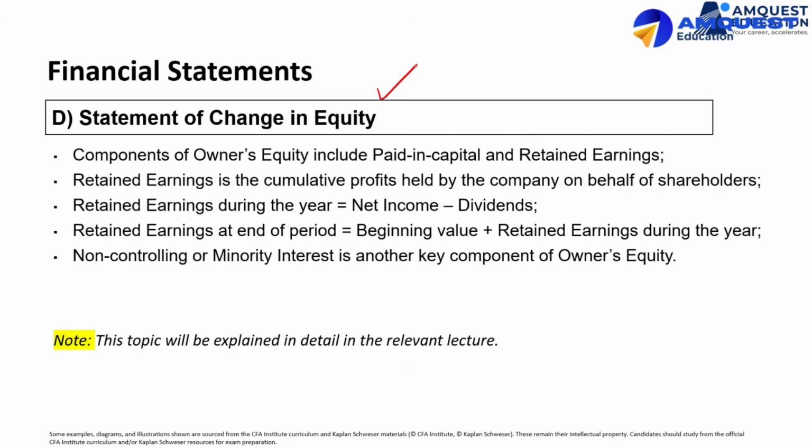So in the statement of change in owner's equity also, owner's equity will include capital, retained earnings, and anything else if required. Retained earning is the cumulative profit held by the company on behalf of shareholders. So retained earnings are profits from the day of inception, total cumulative profits from the day you start business, right? So every year, retained earnings during the year is net income minus dividend. And that is what we were doing.